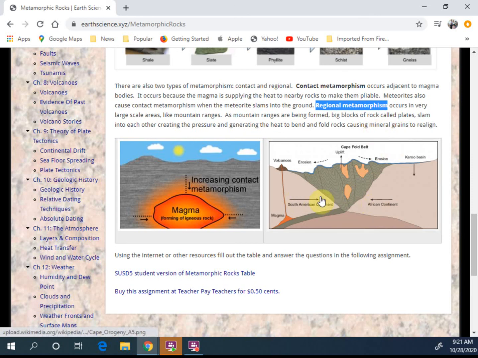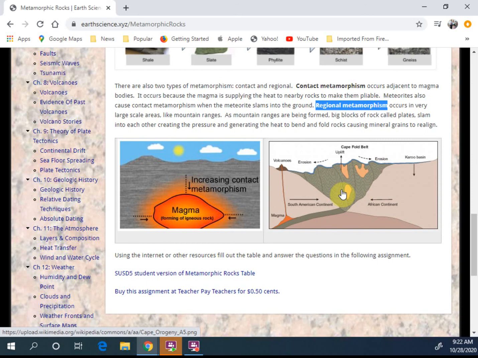So basically, large continental collisions will create this. The Himalayas, for example, are another good example of collision on a large scale, causing the rocks in the middle to heat up and become pliable, thus altering them and creating a metamorphic rock.